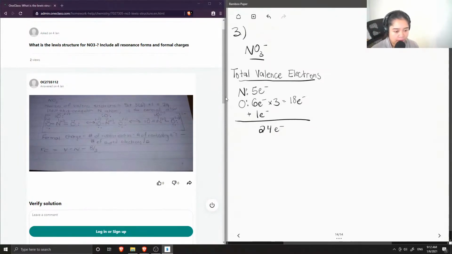So now let's draw nitrogen as our central atom, and we'll show all the oxygens. Okay, so now I will fill in all of the electrons.